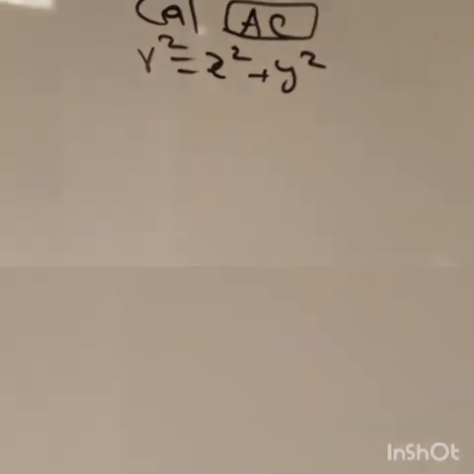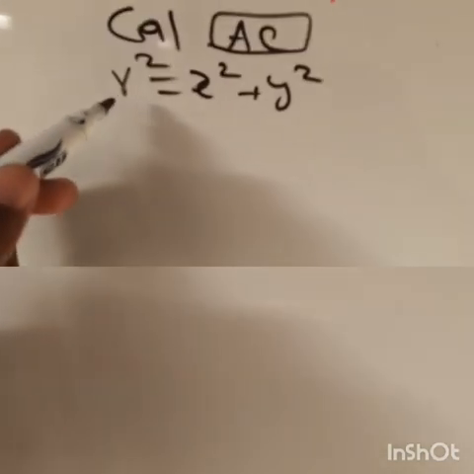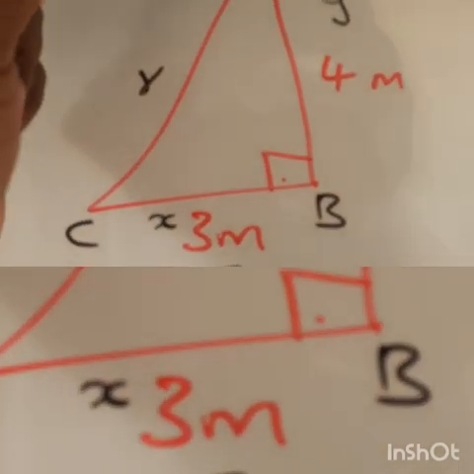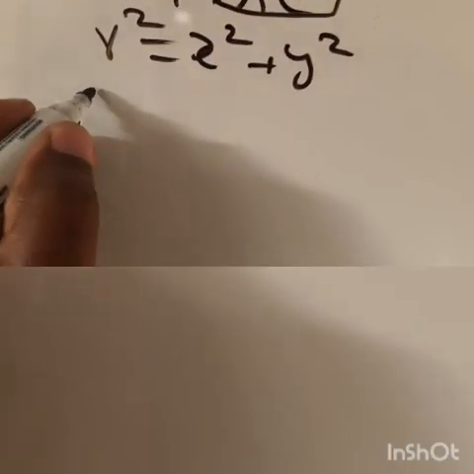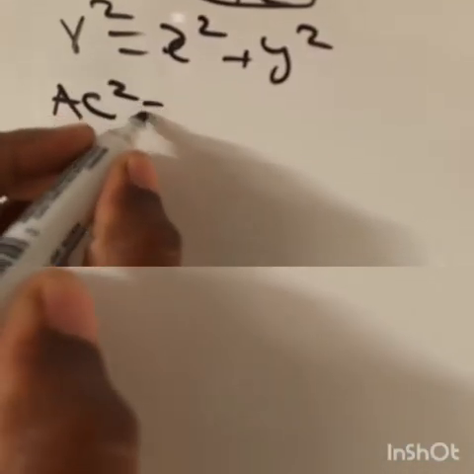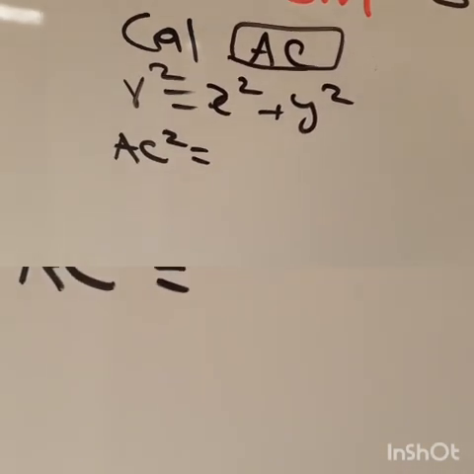Okay, so in this case, we look at our R. Our R is a line that starts from A to C, which makes it AC squared, right? Instead of writing R, we say AC squared.